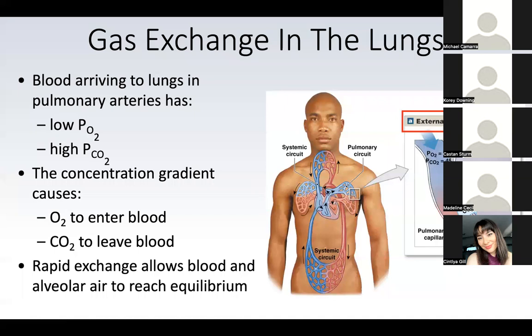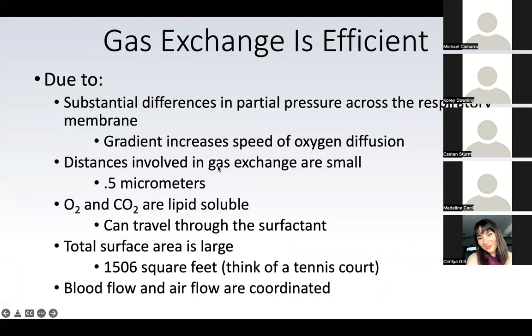So high pressure of carbon dioxide in the blood capillaries, and then lower partial pressure of carbon dioxide in the lungs. That is what will drive or set up that concentration gradient such that oxygen will move from the alveoli of the lungs and into the capillaries in exchange for carbon dioxide, which deoxygenated blood will have lots of, and that's going to go to the alveoli of the lungs so that we can breathe it out in exhalation.